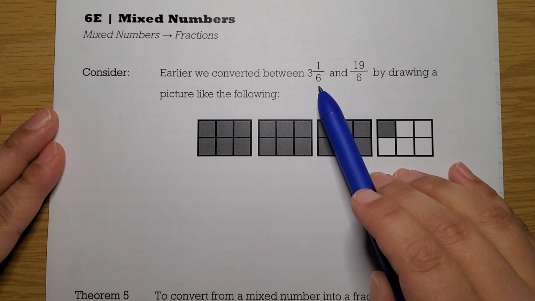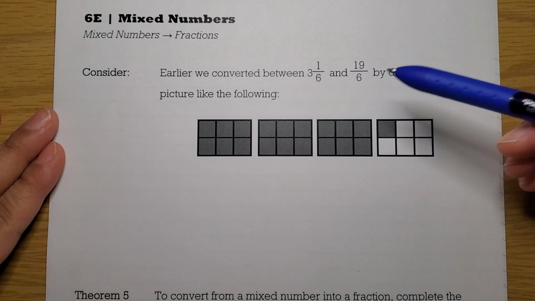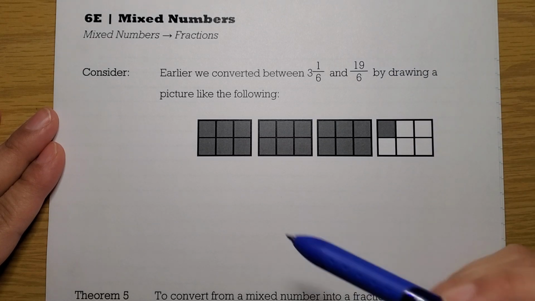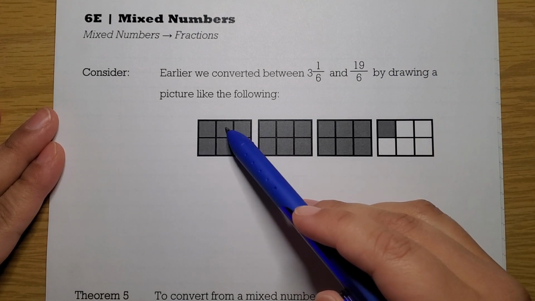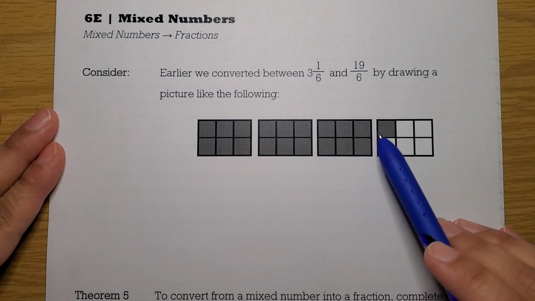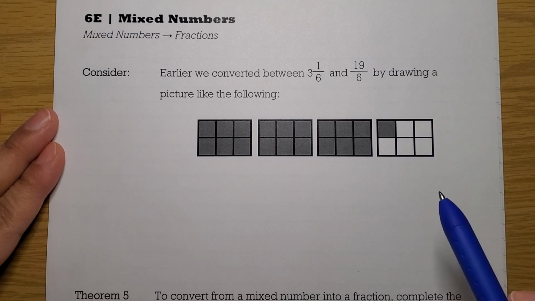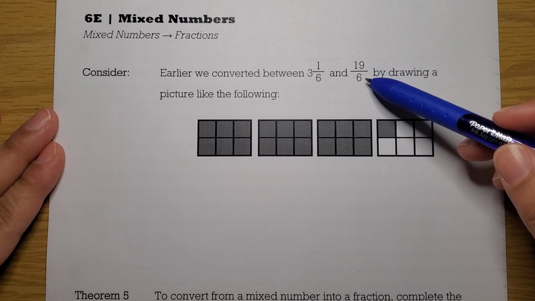So that's our 3 and 1/6. We can also think of this as 19/6 because if we count each of the individual squares, 1, 2, 3, 4, 5, 6, and so on, there are 19 individual squares that are shaded in, but each candy bar is made out of 6 pieces, so that's why our denominator is 6ths.